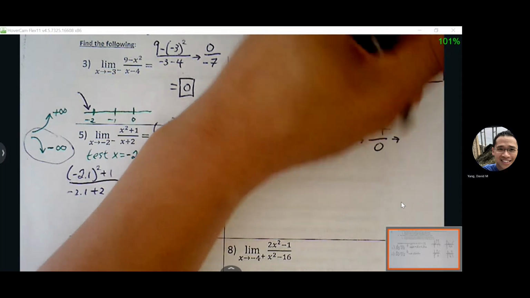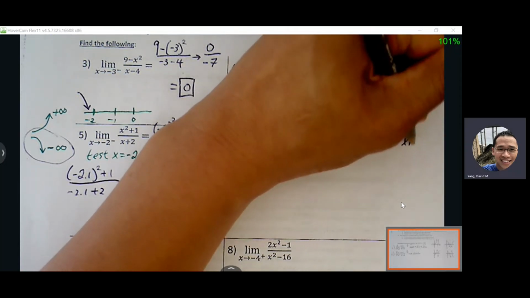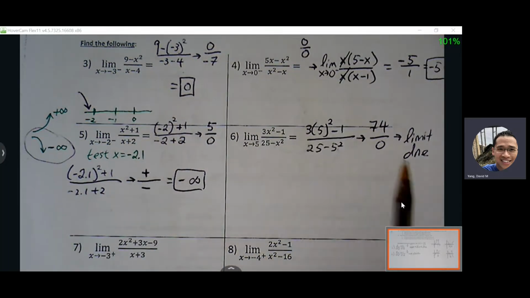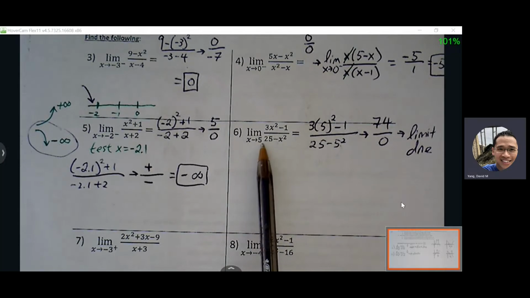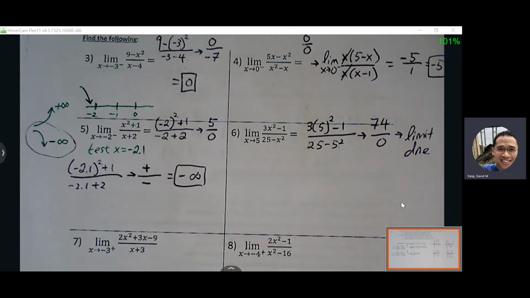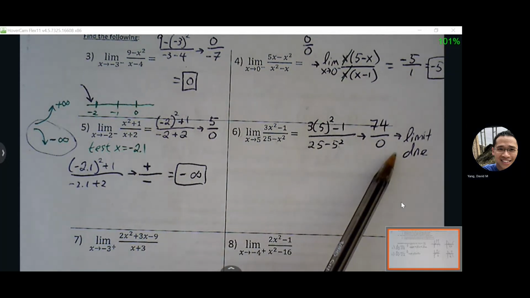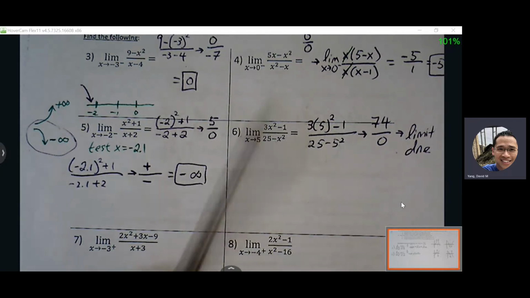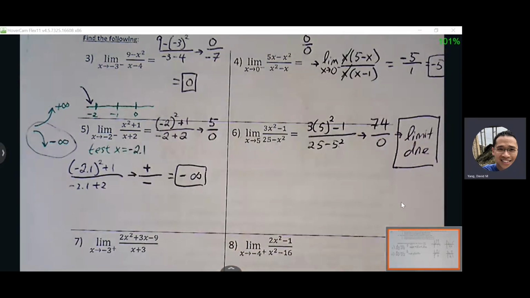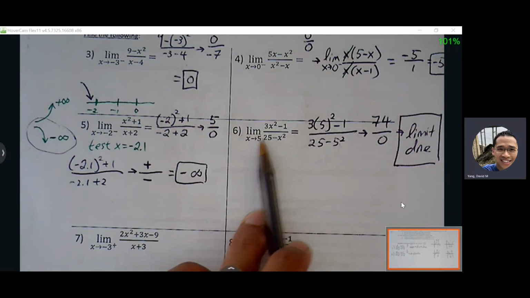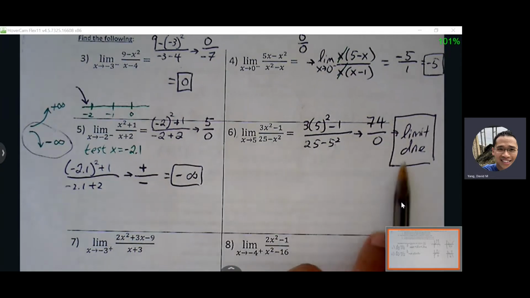What does that tell us? Vertical asymptote, the full limit does not exist. Do we have to go any further? Well, we could, just so that we can figure out the behavior, but it's asking for the full limit, and we know the full limit doesn't exist, so we just stop there. It's not asking how the graph is moving from the left or from the right. This is sufficient. Okay, does that make sense? If it were asking for specifics, then we'd go on, but if there's no one-sided limits, we don't go any further than this, because we already know the limit doesn't exist.